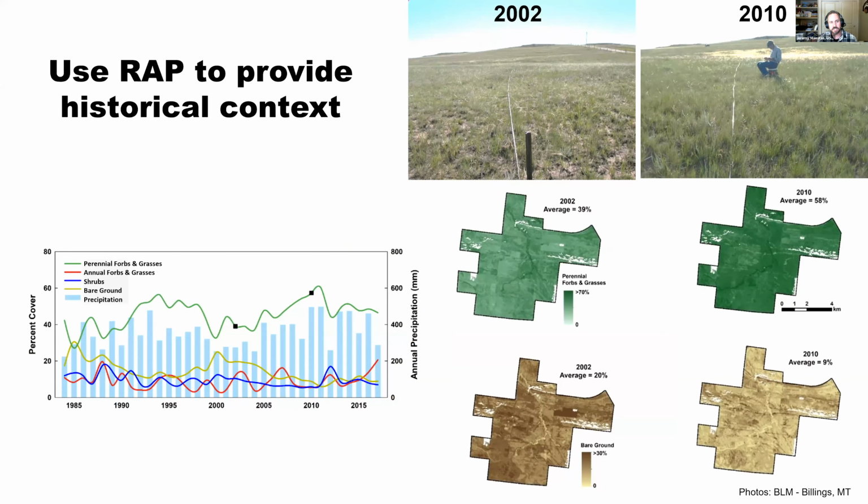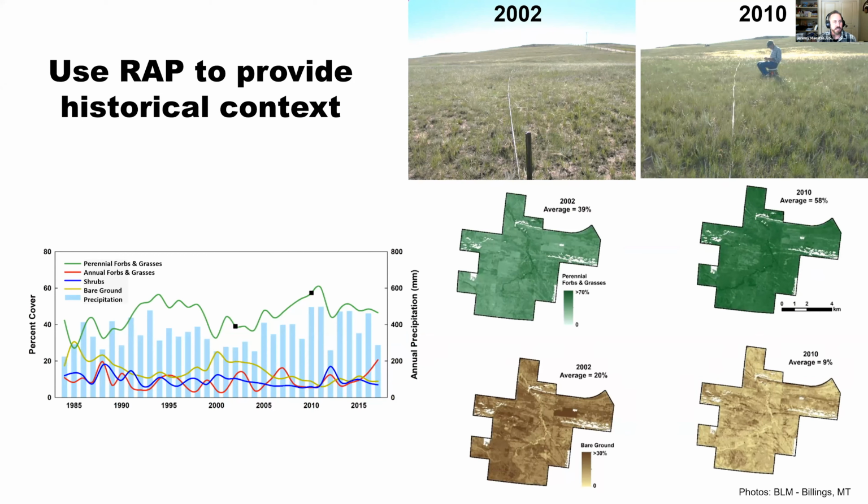In addition to space, RAP also helps us better understand time and provide that historical context for what you're seeing on the land. This example comes to us from Montana, Eastern Montana. The BLM in an allotment had been doing some pasture monitoring. You can see in 2002, that's what the landscape looked like.